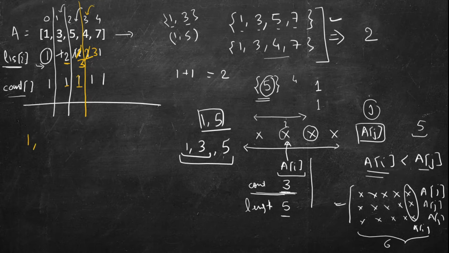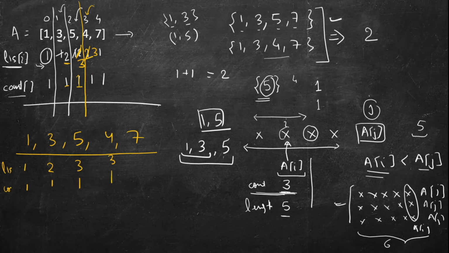So let me rewrite 1, 3, 5, 4, 7, and we have solved till this point. 1, 1, 2, 1, 3, 1, and 3, 1. And this is LIS and this is count. Next we come here at 7. And we see that 1 is less, so we can make 2.